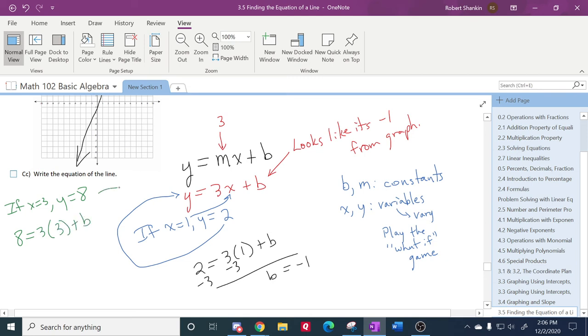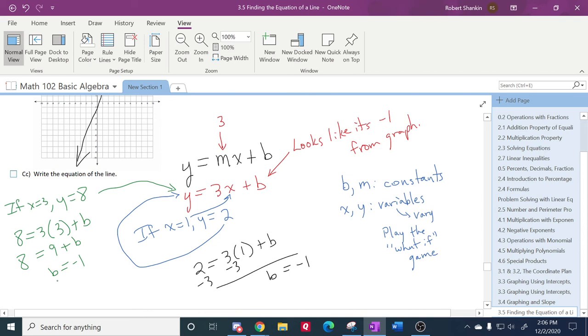So we're plugging that into here. We get 8 equals 9 plus b. Subtract 9 from both sides. B would have to be -1. We get the same value.